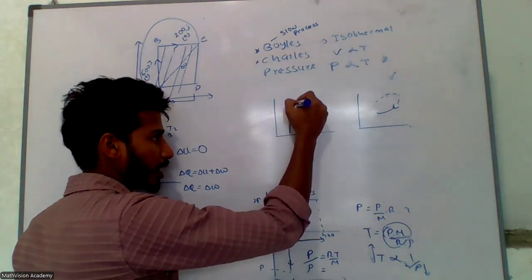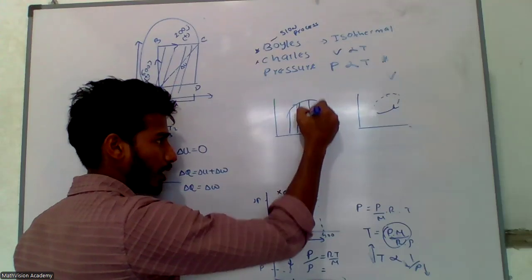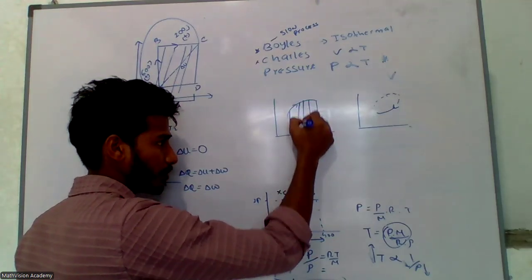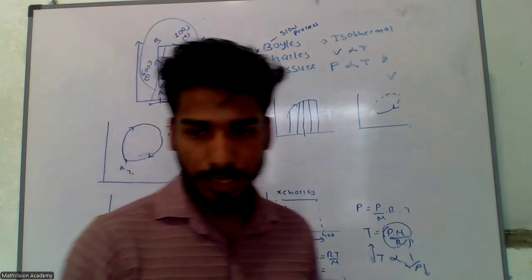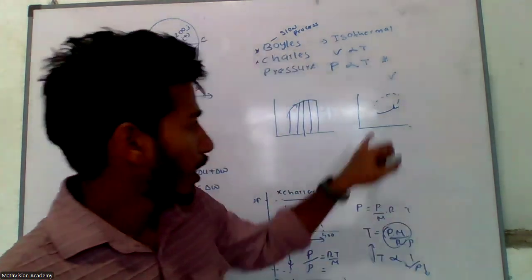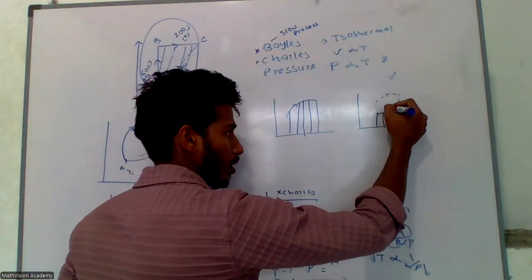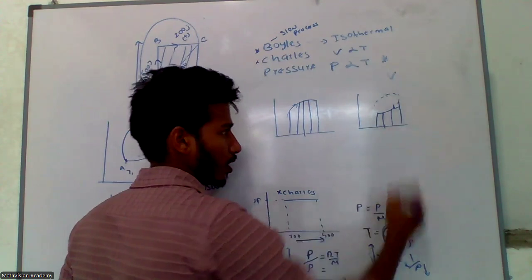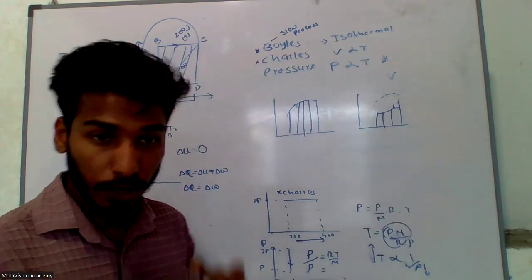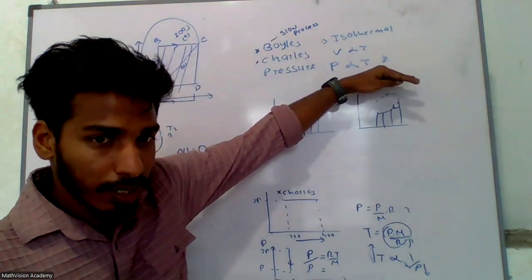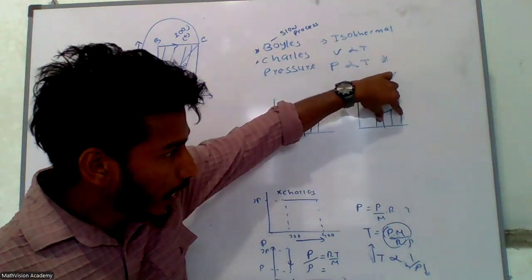So you can see the work done by this is the area under the graph, this entire section. And the work done in here is this area under the graph. Now you can see the upper one is larger than the area under the lower one.